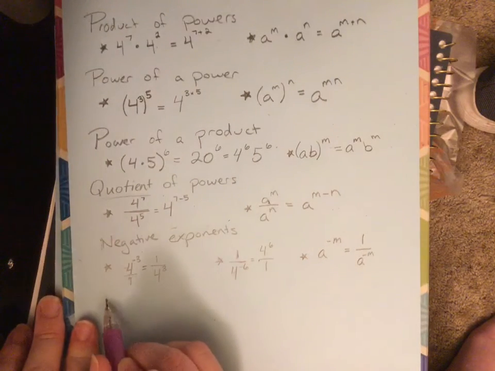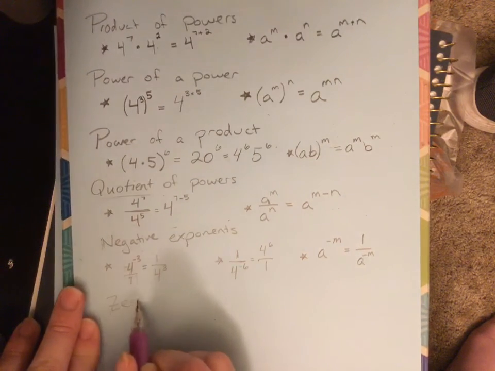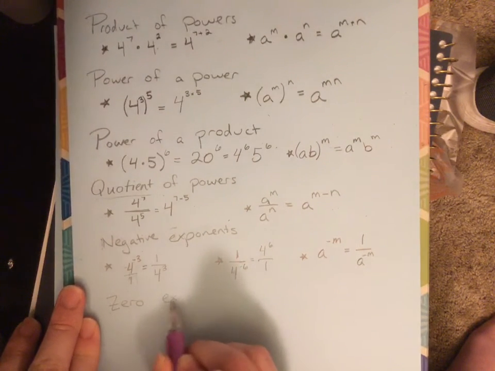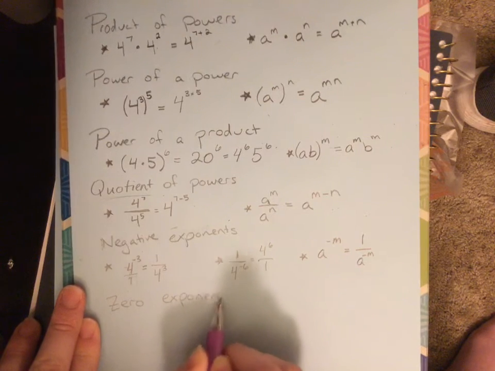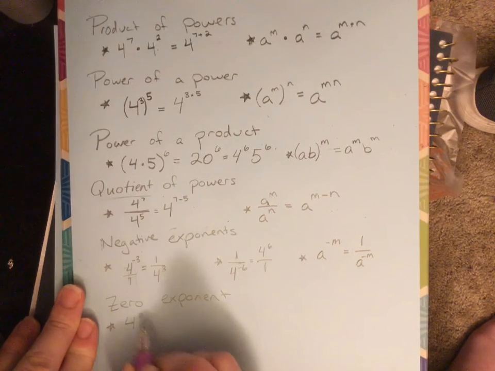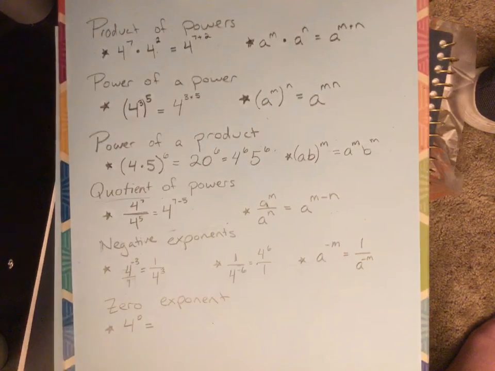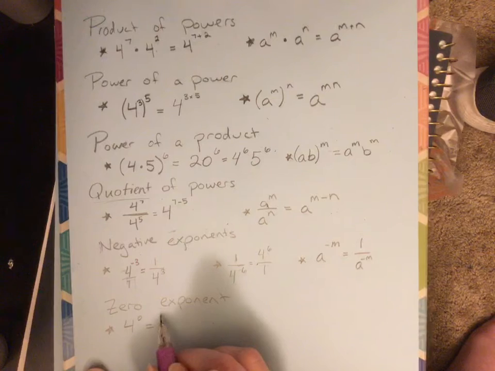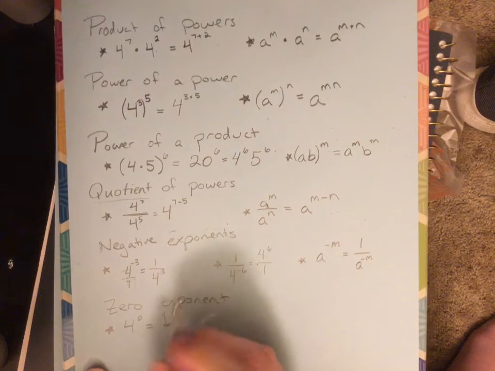Now, zero exponent. Four to the 0 power is what? If you said 1, you win.